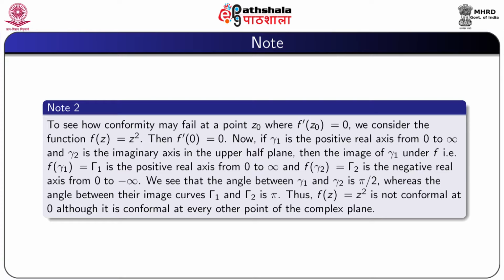We see that the angle between gamma 1 and gamma 2 is pi by 2, whereas the angle between their image curves capital gamma 1 and capital gamma 2 is pi. Thus, f z equal to z square is not conformal at 0, although it is conformal at every other point of the complex plane.